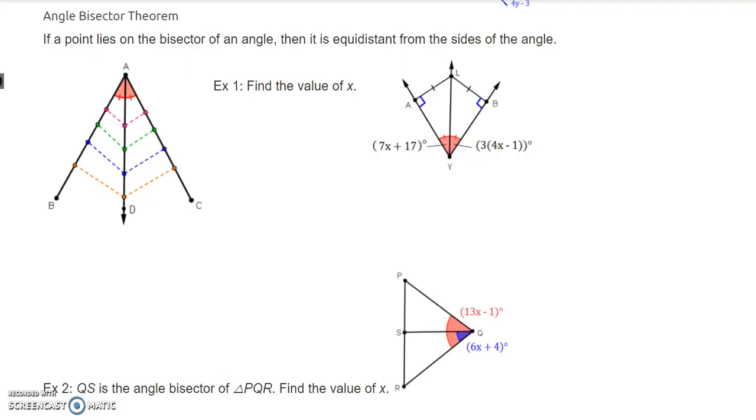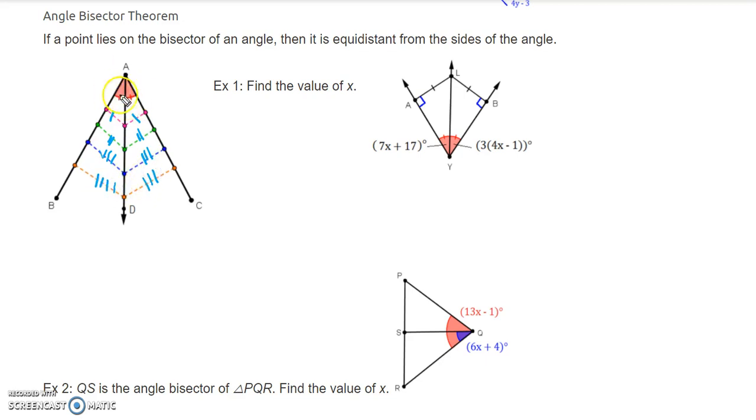So when we're working with the angle bisectors or the incenter, we need to know important information about that one as well. If a point lies on the bisector of an angle, then it is equidistant from the sides of the angle. That means my pink lines are equal, my green lines are equal, my blue lines are equal, and my orange lines are equal.